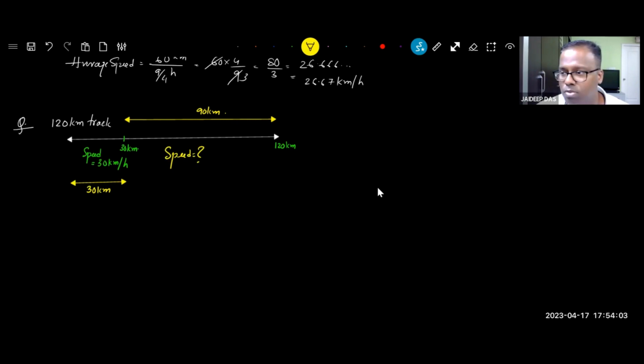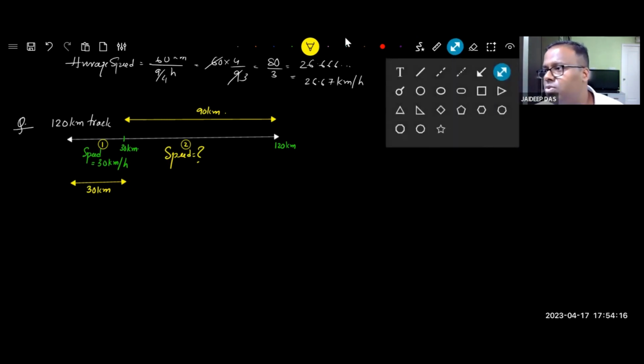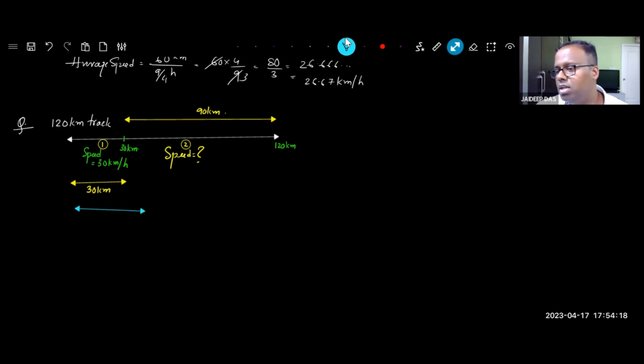In this part of the 90 kilometers, say this is stage 1 and this is stage 2. In stage 2, how much speed should the train maintain so as to average... Very, very interesting question. Overall journey, the train should average how much?